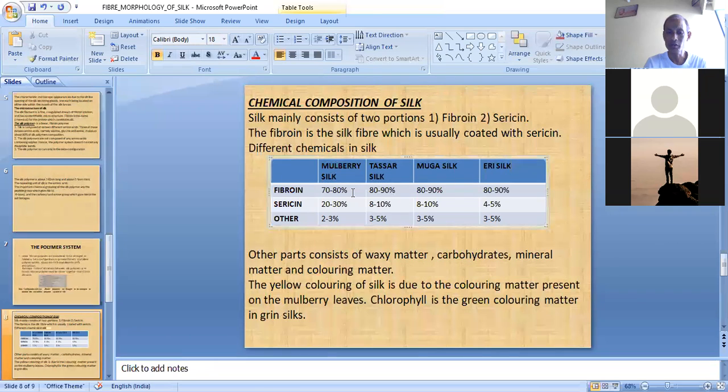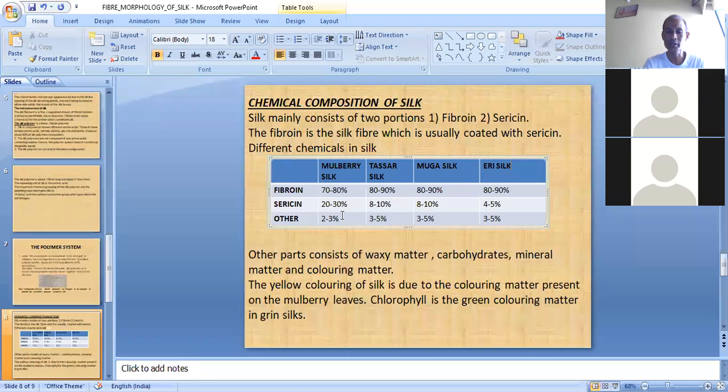They differ in the percentage of fibroin, sericin, and other materials. Fibroin in mulberry silk is 70 to 80%, tussar is 80 to 90%, muga is 80 to 90%, and eri is 80 to 90%. So all the wild silks have 80 to 90% fibroin, whereas mulberry has 70 to 80% fibroin.